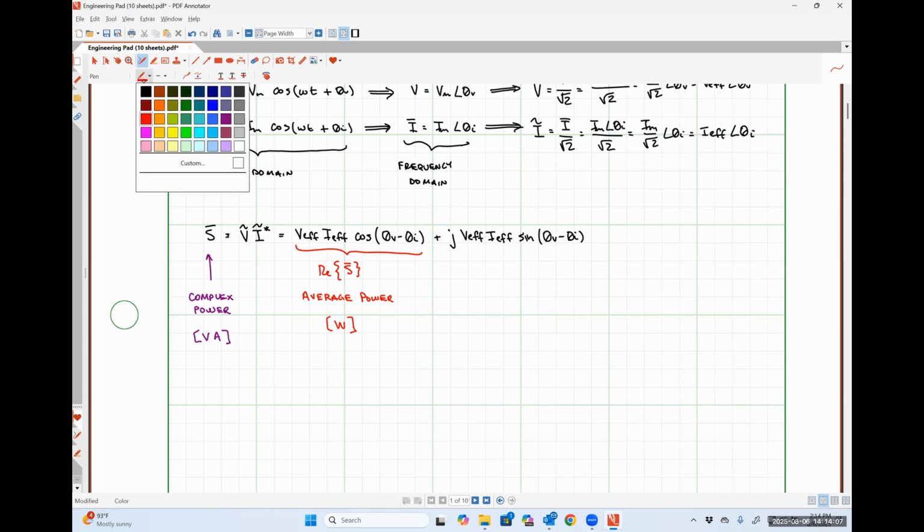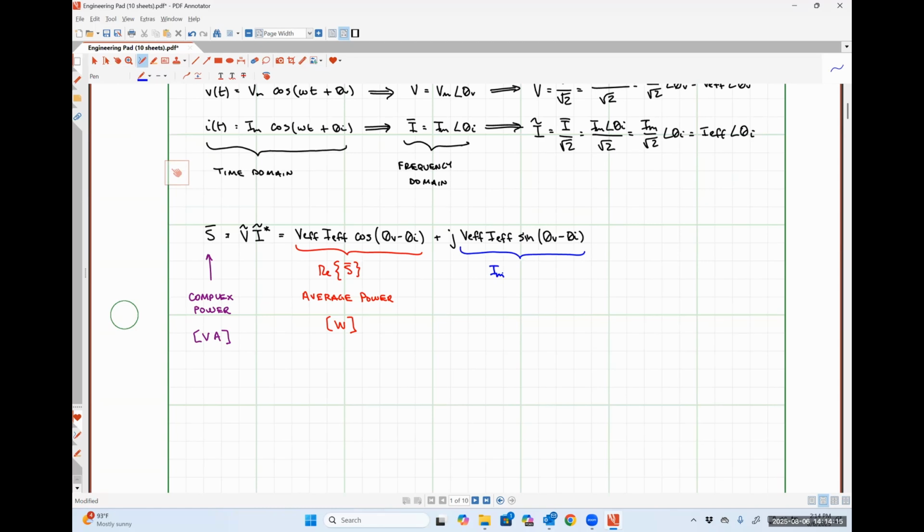Contrasting that, we have this imaginary part over here. This is the imaginary part of S, and it is commonly referred to as the reactive power. Reactive power is measured in volt amperes reactive, or VARs.